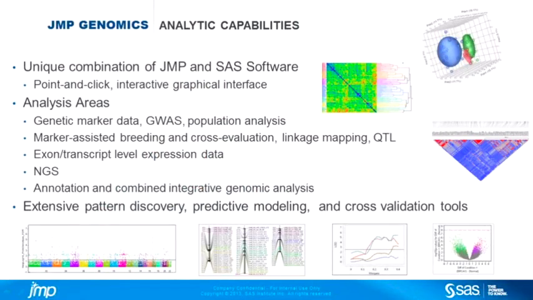So for this audience, though, the reason we're here and so excited to sponsor events like this is to advance research, specifically more for our JMP Genomics product. It's a unique combination of JMP and SAS software that we have tools to do any type of analysis, whether it's genetic data analysis or population analysis. Some of the key things we've added in the last 5 years have all been around plant science, including programs for breeders, marker-assisted breeding, cross-evaluation, and cross-simulation, to be able to speed breeding programs up through the use of genetic data.